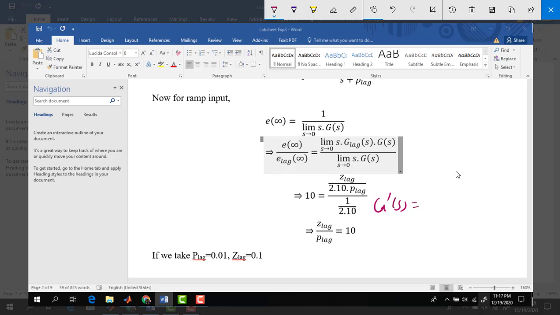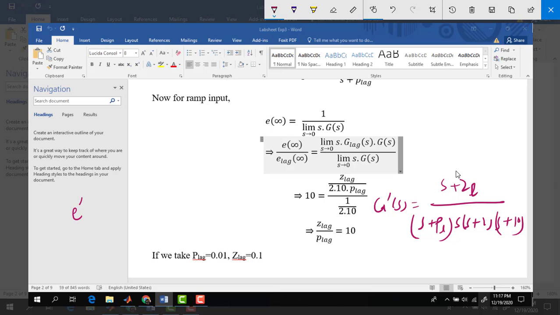In the compensator we have (s plus z lag) by (s plus p lag). For the system we previously had 1 in the numerator, so I'm just taking it empty, multiplied by 1 by s into (s plus 2) into (s plus 10). For this we now have an error of 2.